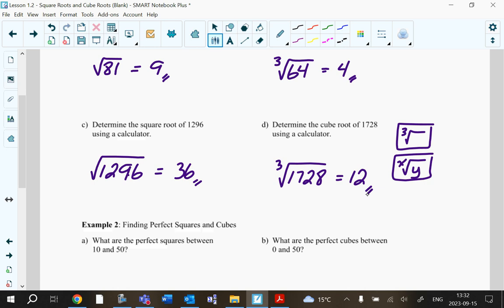So if you're not sure how to use it, let's try this. Shift this. Maybe. 1728.